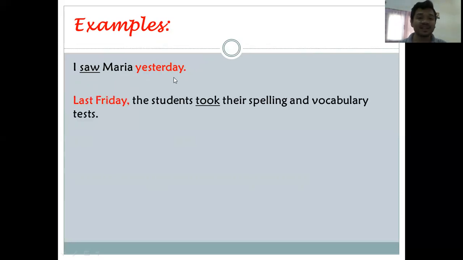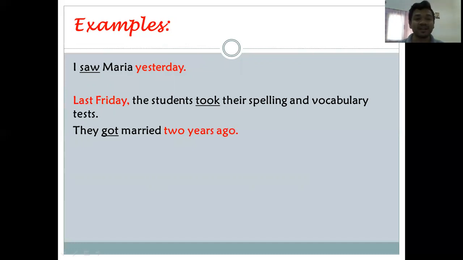Last Friday, the students took their spelling and vocabulary test. Now, took here, is it regular or irregular? Okay, this is irregular. The simple present of took is take. And the time expression here is last Friday.